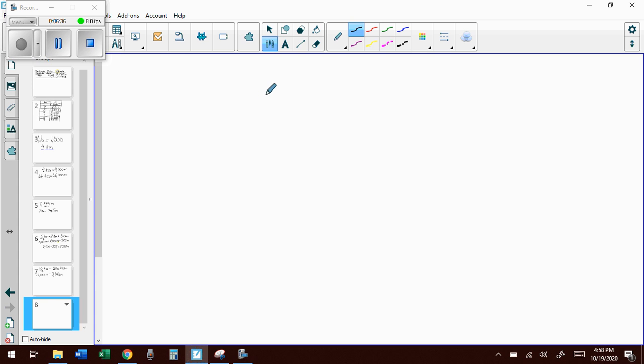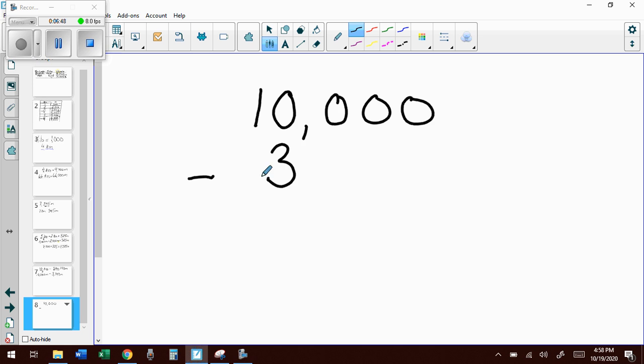Let's get these into standard algorithm. Let's stack them. Nice and spaced apart. 10,000 minus 3,000. Let me check. 140. Let's get our comma.